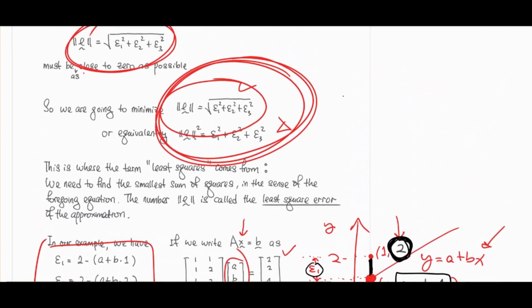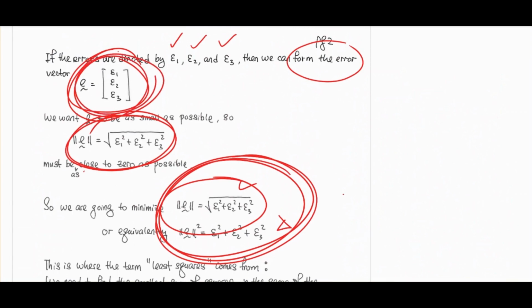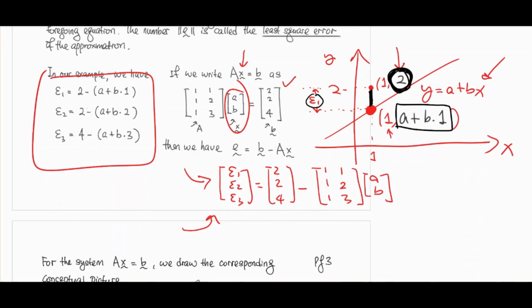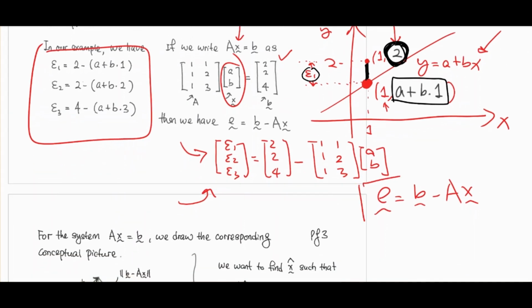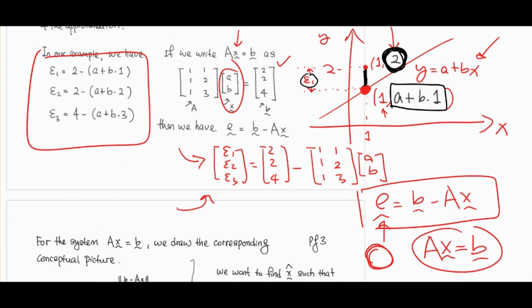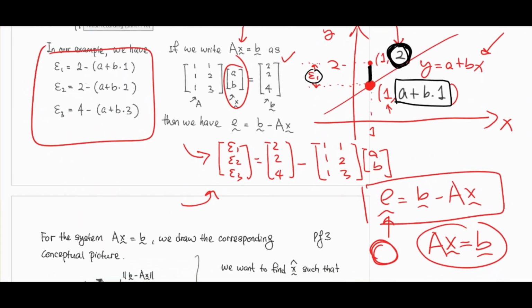So our column vector, another way of seeing it is B minus AX. So our error vector is now B minus AX. Now, this is also very intuitive in the sense that if our error vector is 0, which means there's no error whatsoever, then you will have AX equals B, right? Everything will fit. The system is consistent.